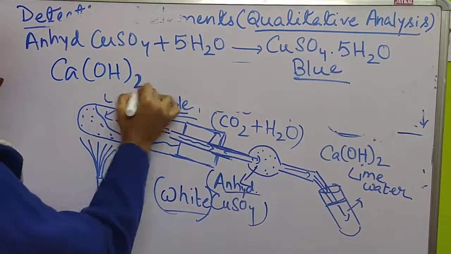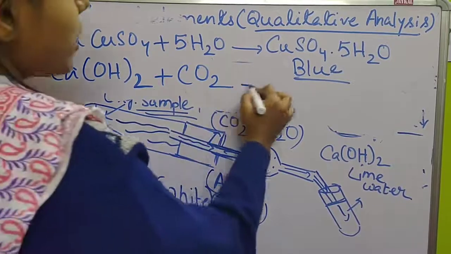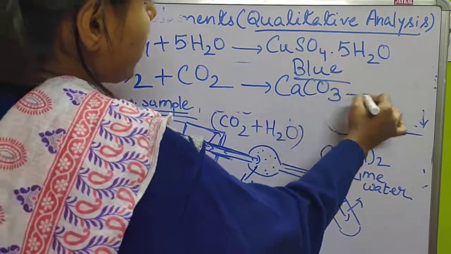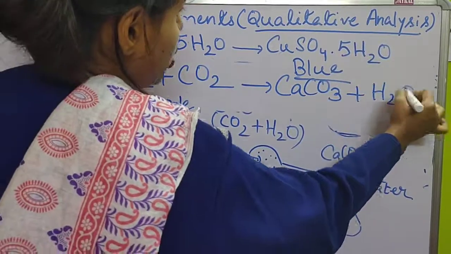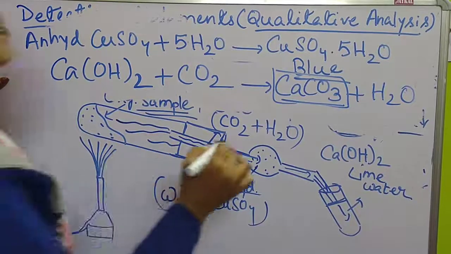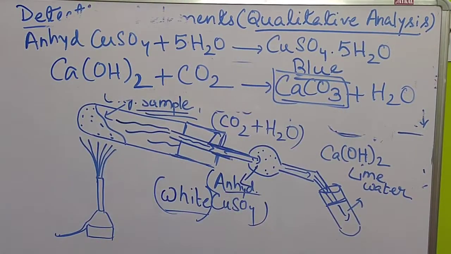Initially it was calcium hydroxide. Whenever we pass carbon dioxide gas through it, we get calcium carbonate plus H2O, and because of the formation of calcium carbonate, the lime water becomes milky white. Clear on this? Because of this, the lime water turns milky.